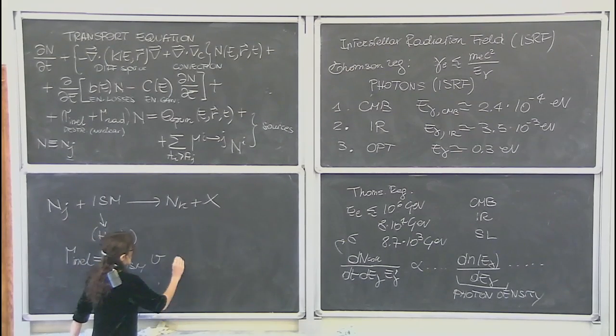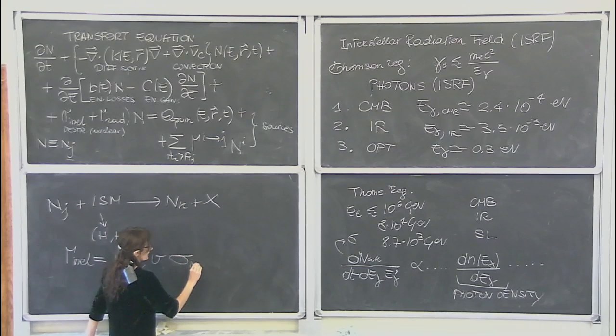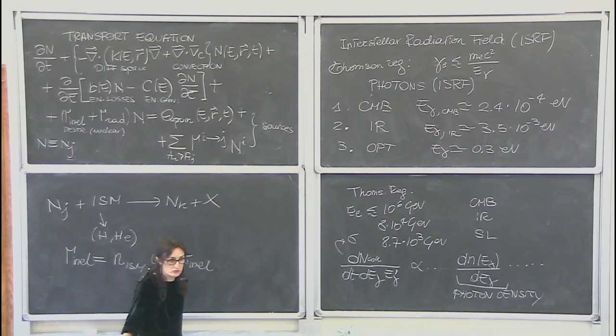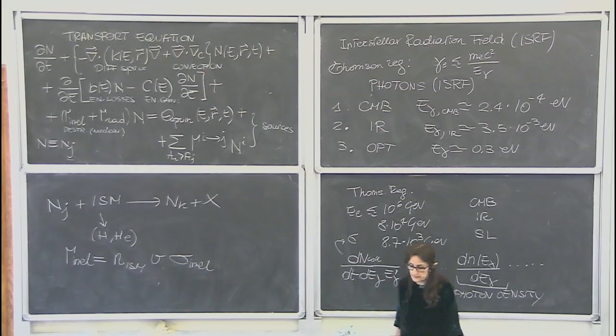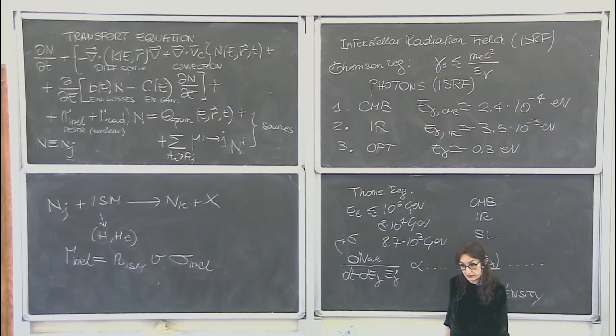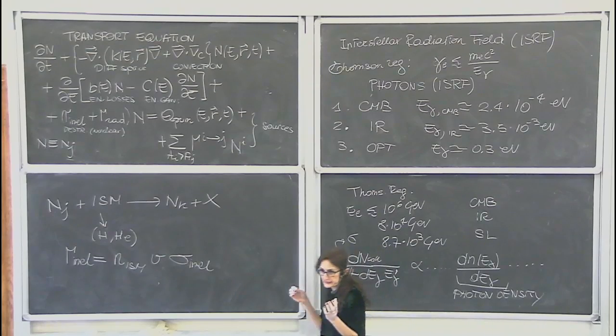And then there is another box, which is the cross-section. At some point, we are faced with this quantity. And this inelastic cross-section, you have only one way to know, to measure it at colliders, or having very complicated nuclear models.